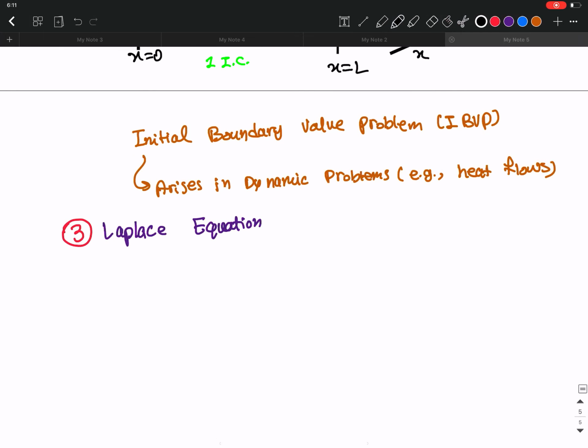The formula for that is partial squared u over partial x squared plus partial squared u over partial y squared equals 0.